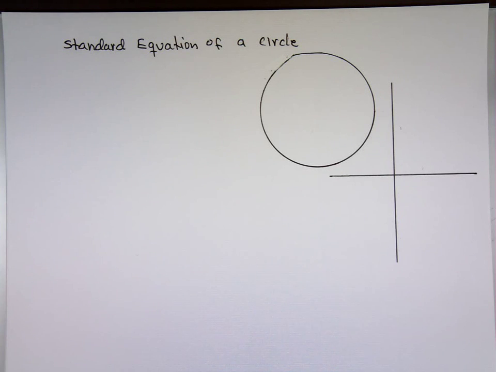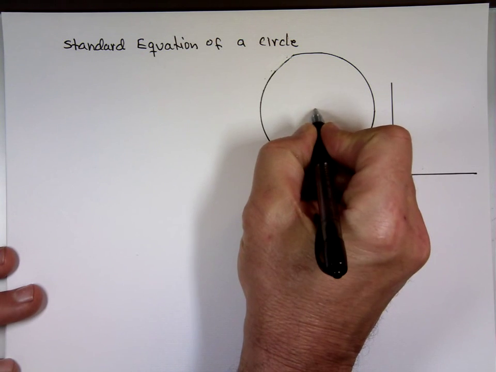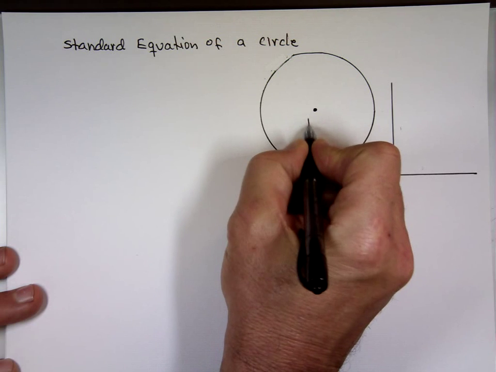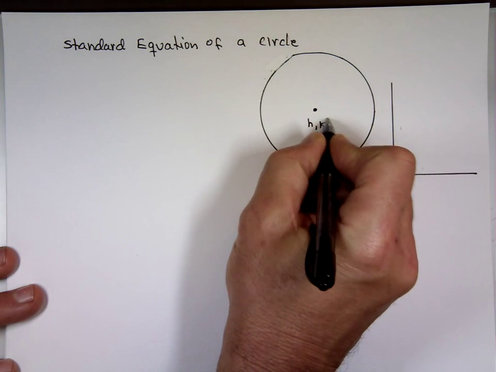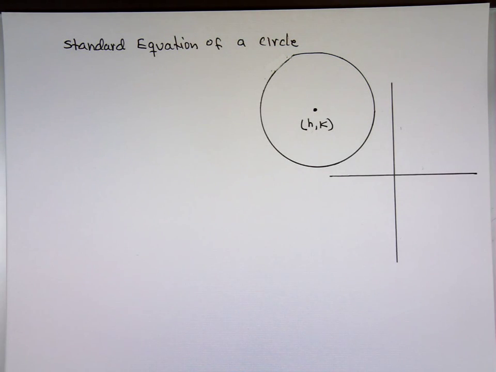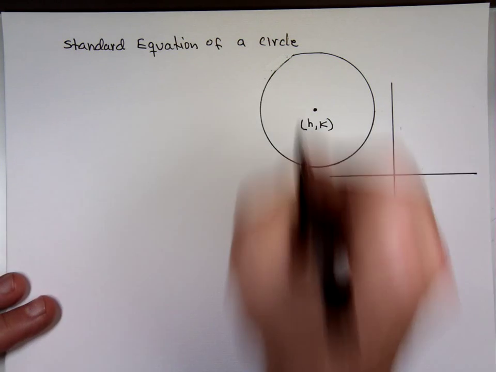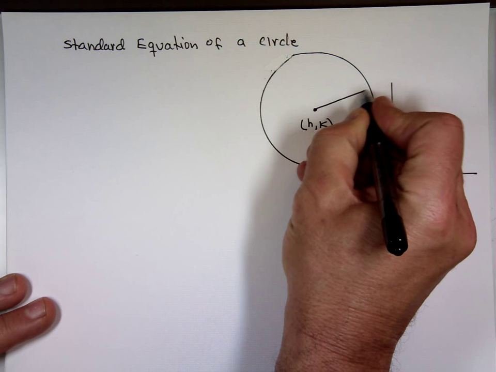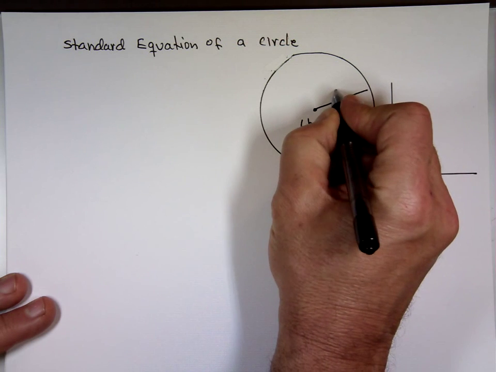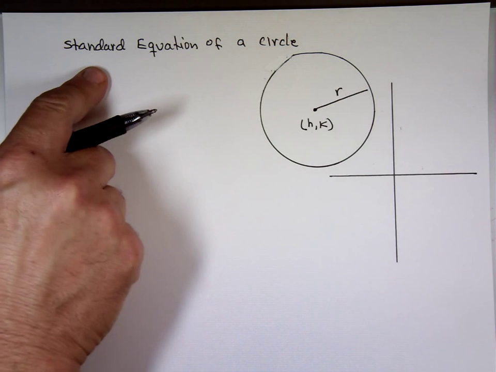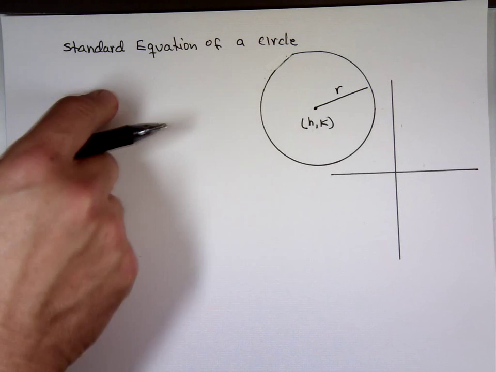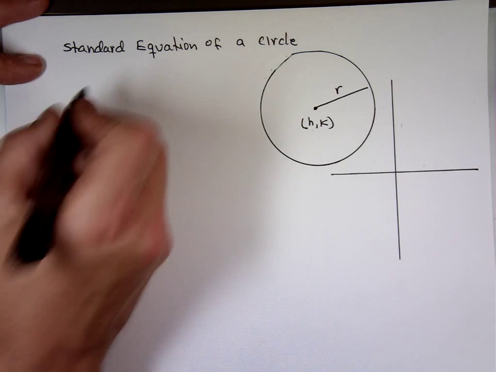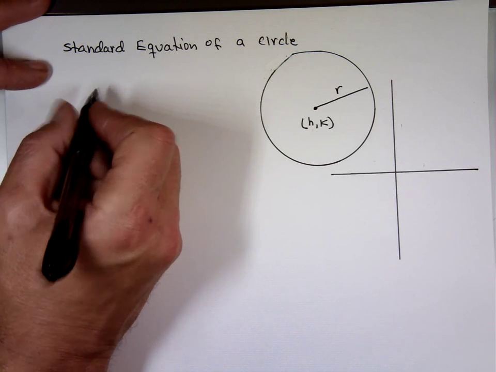If we have a circle like this, where I'm going to call the center, give it the coordinate (h, k). Notice h is the x value, k is the y value. And the radius of that circle is r. That's from the center to the edge of it, r. The standard equation of a circle, the form for that is, anyone knows?